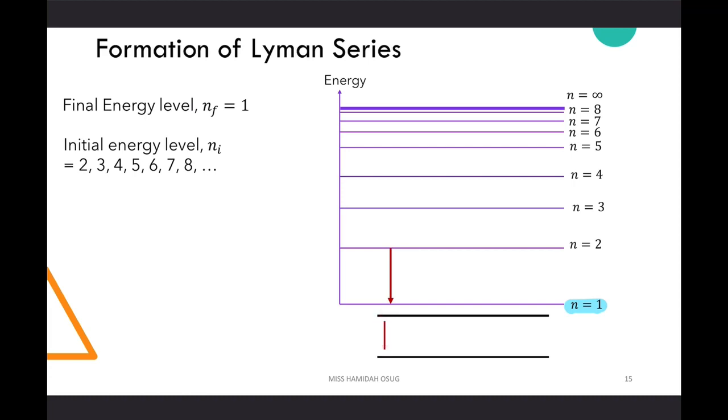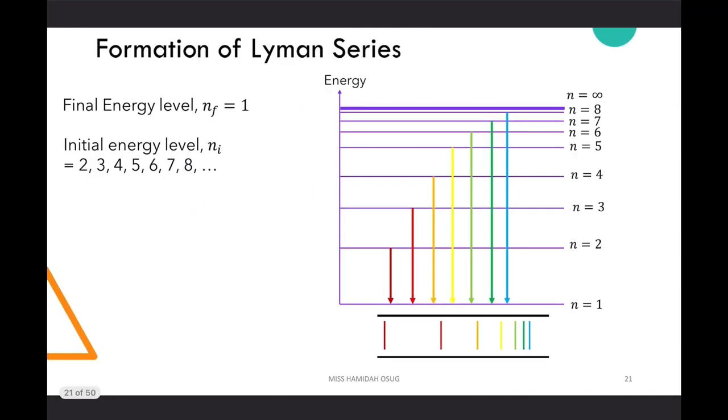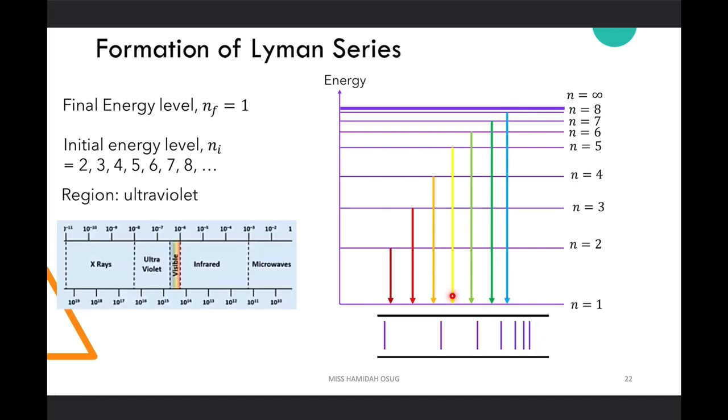So as you can see there, each electron will drop from a higher energy level to n final n equals to 1, and the dropping will be shown in the line spectrum. As I told you before, every drop of electron will produce light with specific wavelength that can be seen on the spectrum.